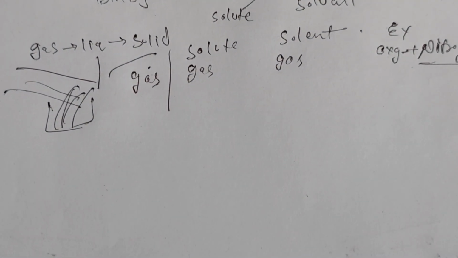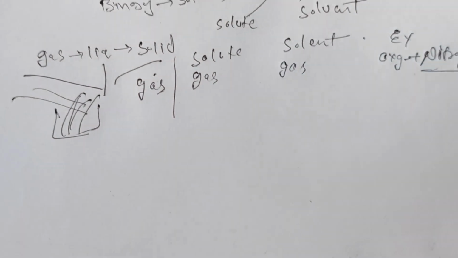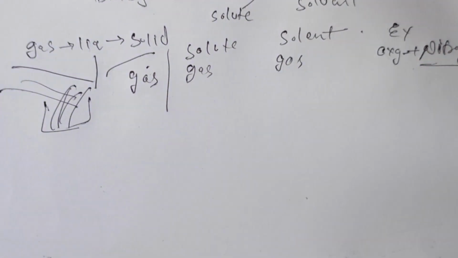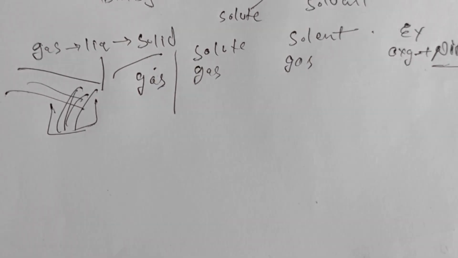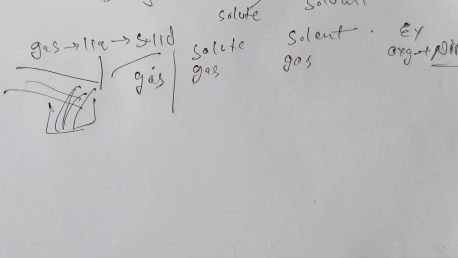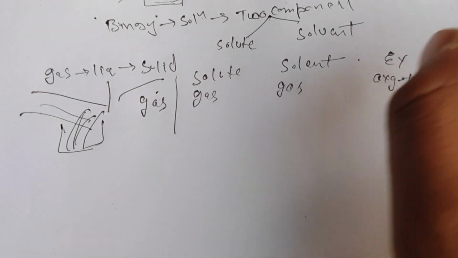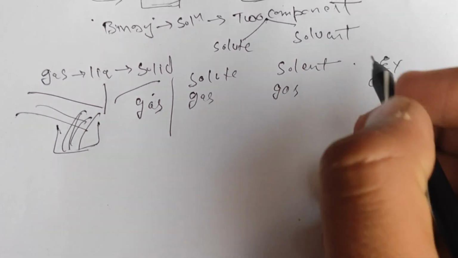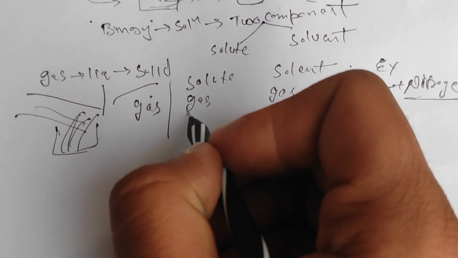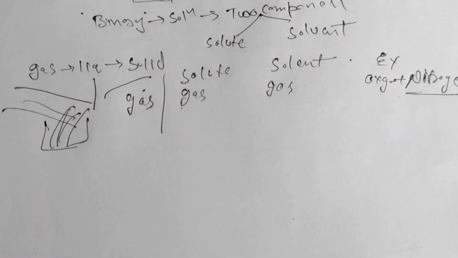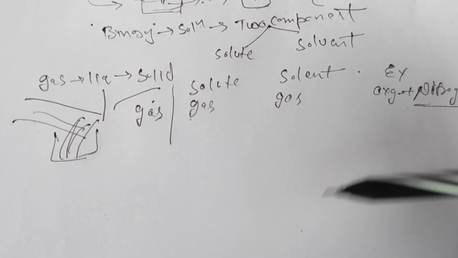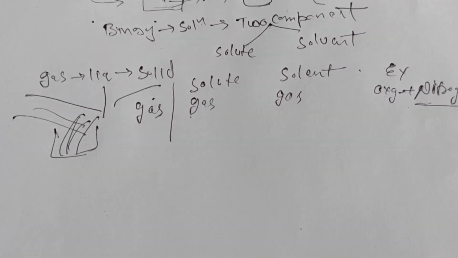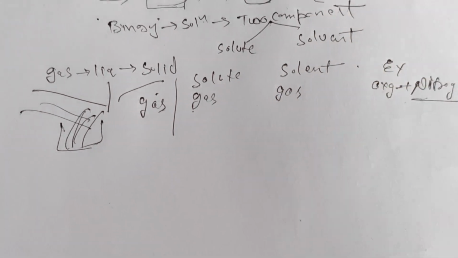A mixture of oxygen and nitrogen is an example of gas in gas. I'm only saying what happens if we add the solute to the solvent; we don't yet discuss what happens after mixing.